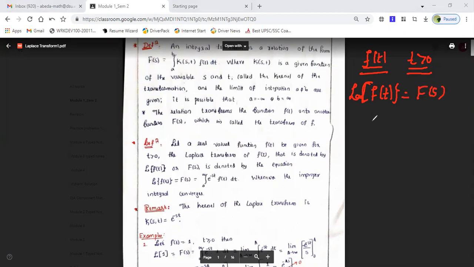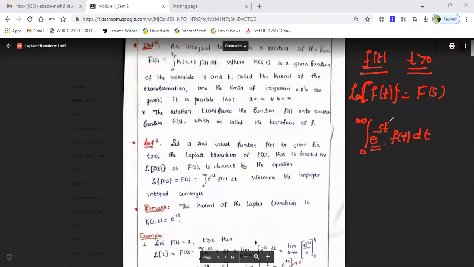It is defined as the integral from 0 to infinity. Here a is 0 and b is infinity. So it is the integral from 0 to infinity of e to the power minus st into f of t dt.